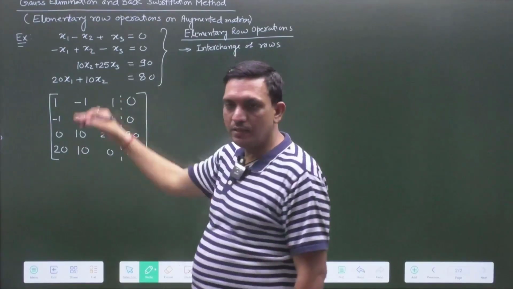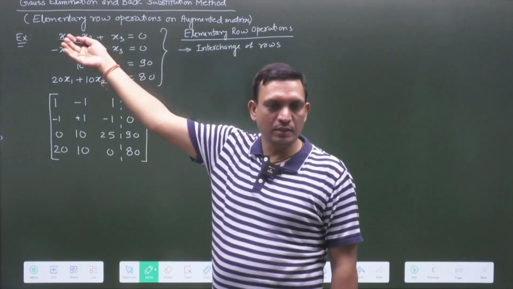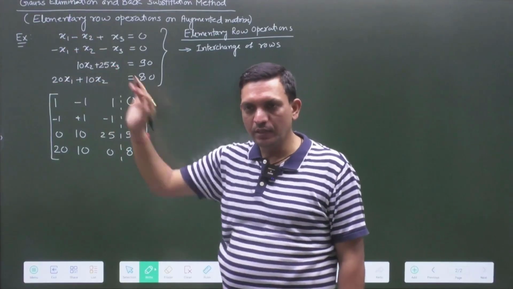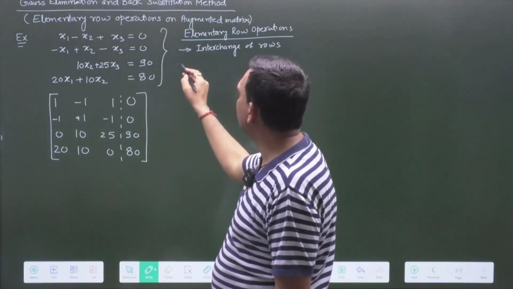We can interchange these rows because that will not change the solution. You can write any equation as the first equation or last equation. So that is why interchange of rows is allowed.